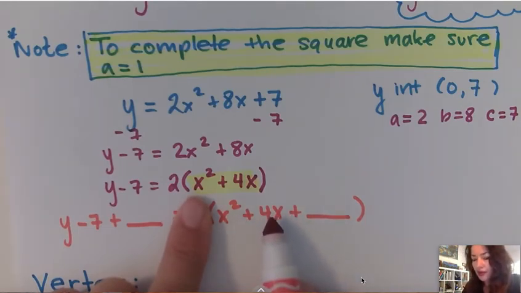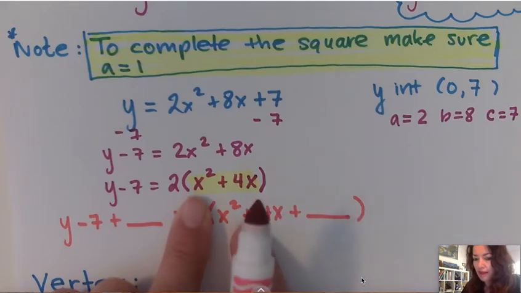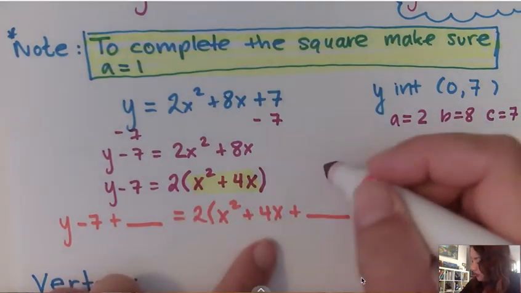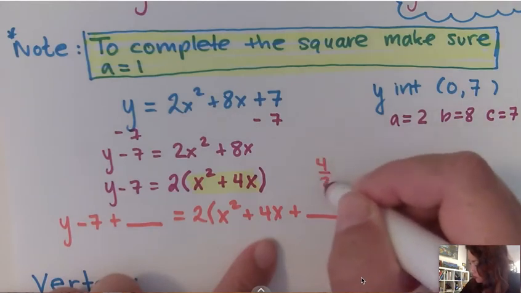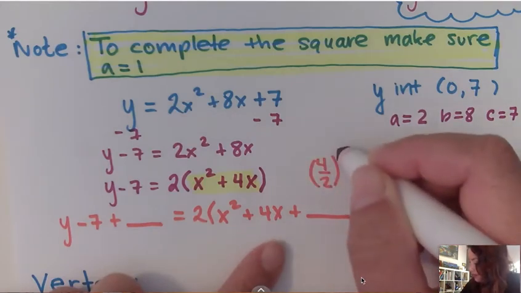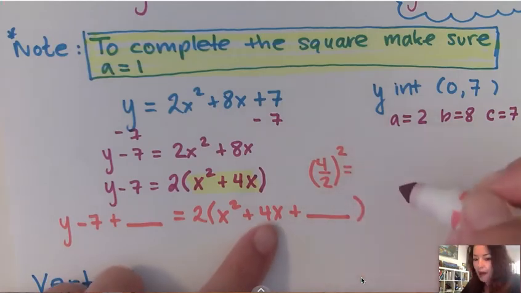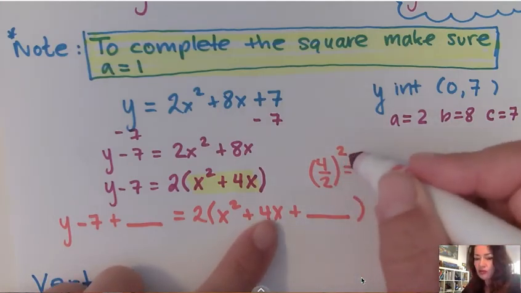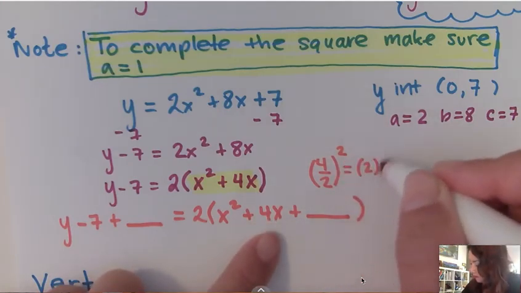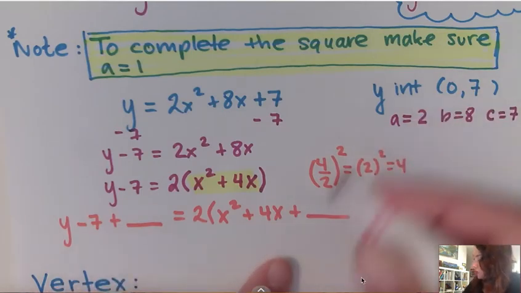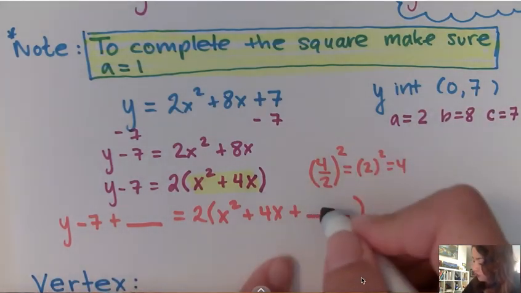What is half of 4? Because we always take half of b to complete the square. In other words, 4 over 2. And then I'm going to square that. So half of 4 is 2, and 2 squared is 4. So I'm going to add 4 to the right.